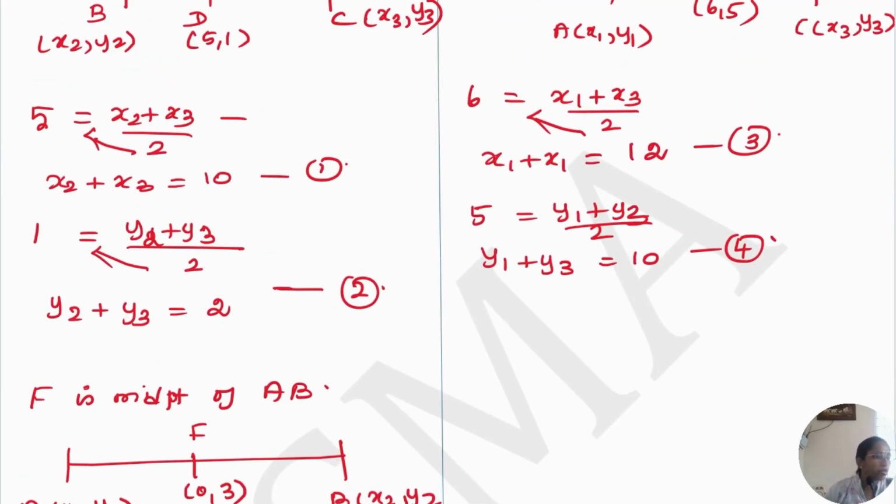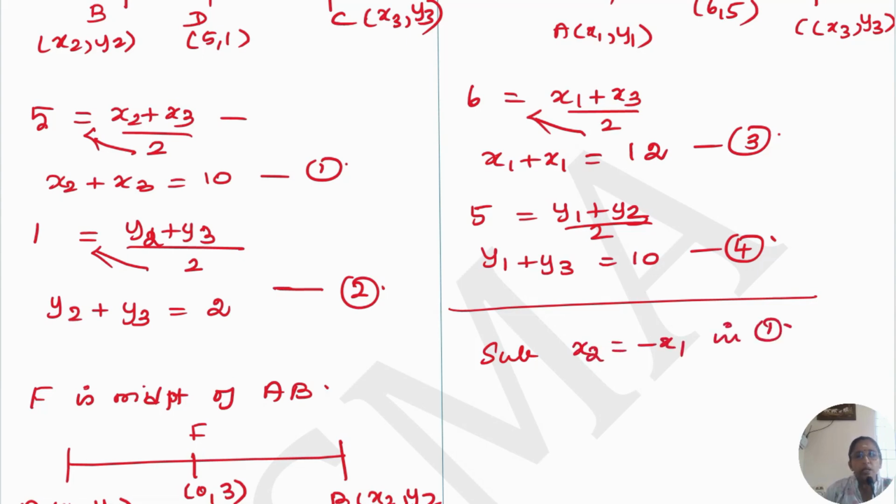So x2 will be equal to minus x1, so minus x1 plus x3 is equal to 10. So this is our data. From here you can find your x3 as 10 plus x1. So mark it as equation number 7.